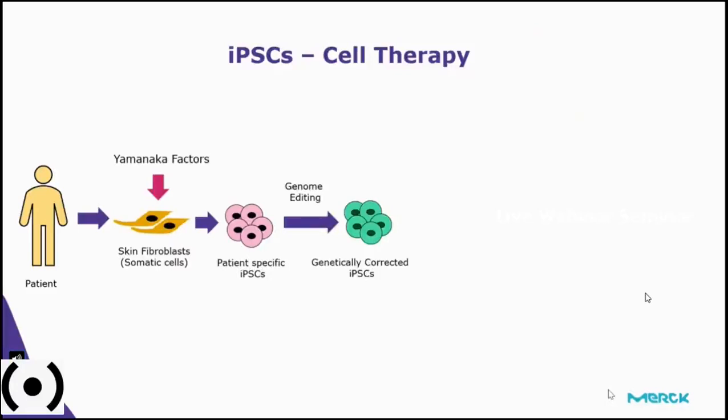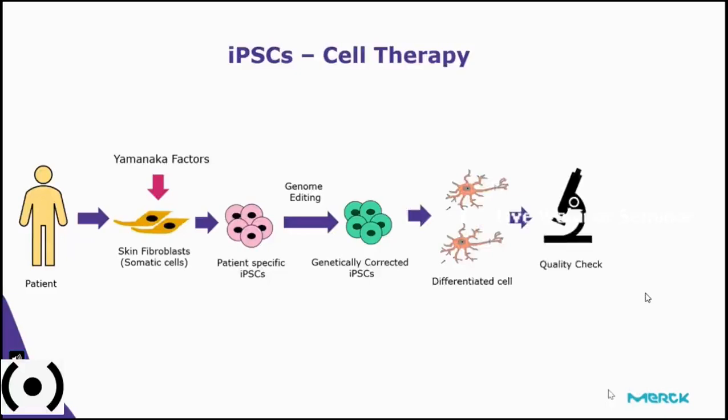In these patient-specific iPSCs, those mutations can be corrected by genome editing. And once you correct those mutations, now you have genetically corrected iPSCs, right? These genetically corrected iPSCs can be differentiated into body cell types, checked for quality, and then transplanted back into the patient.